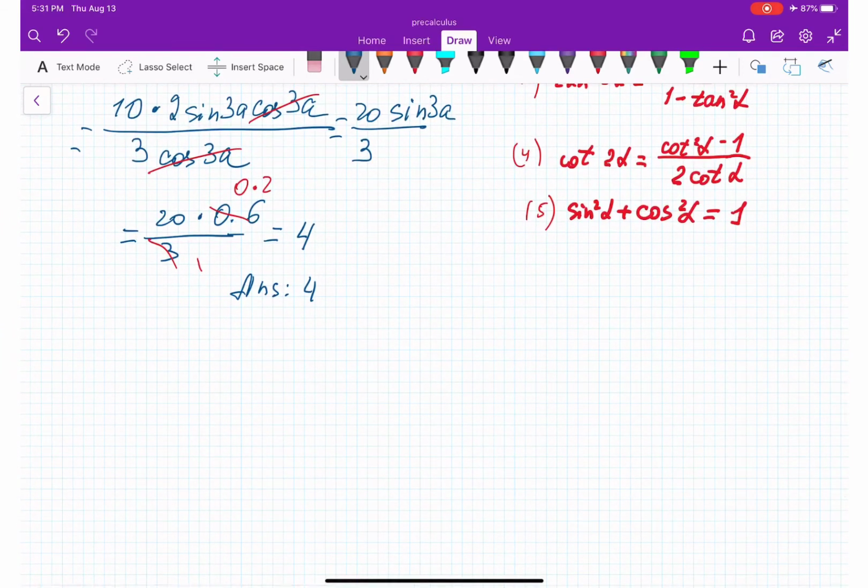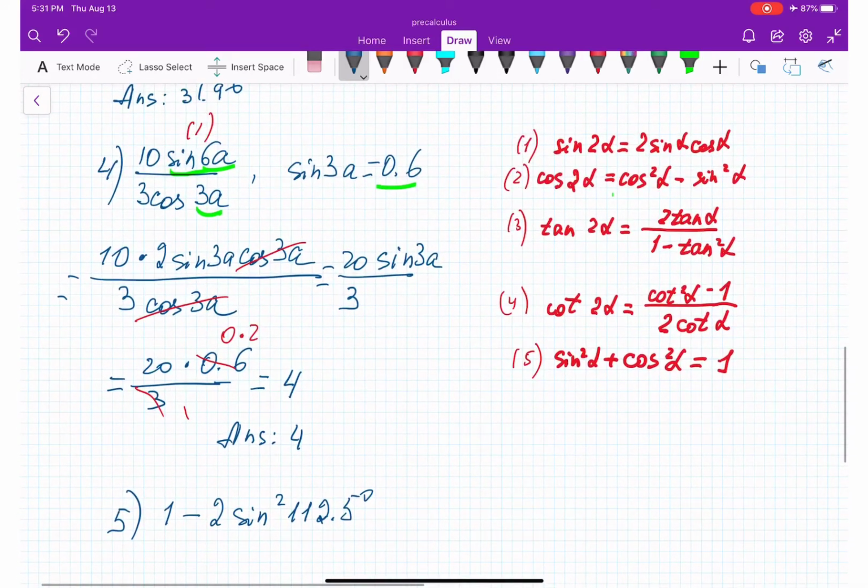Next, question number 5. 1 minus 2 sine squared 112.5 degrees. Okay, so let me bring this down a little bit more so we can see.